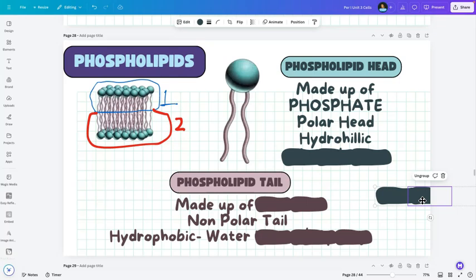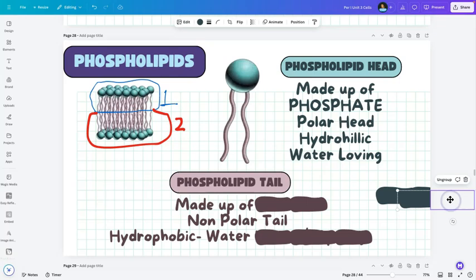Okay, but how about hydrophilic? Water. The head is water loving. So easy to get the head right, maybe not so easy to get the water loving or water hating part. But the head is polar, it's made of phosphate, and it's water loving or hydrophilic.